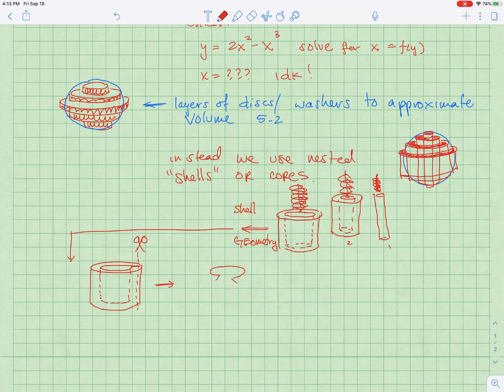All right. Shell starts to look something like this. All right. And then eventually, it's not exactly a rectangular solid. It's going to have a little bit of a bevel to those edges because that inner radius is a little bit smaller than that outer radius.